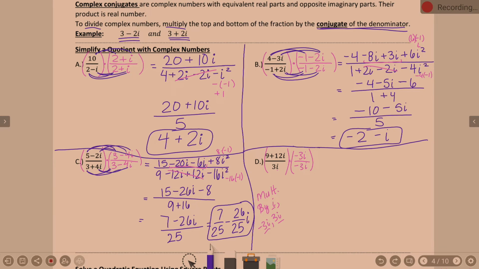So, on top, what do we do with this piece? You're going to take the negative 3i and distribute. Negative 3i times 9 is going to be minus 27i. Negative 3i times 12.